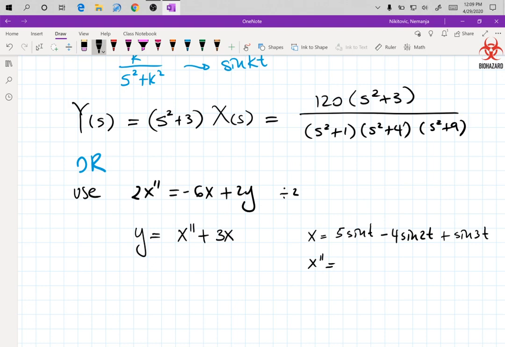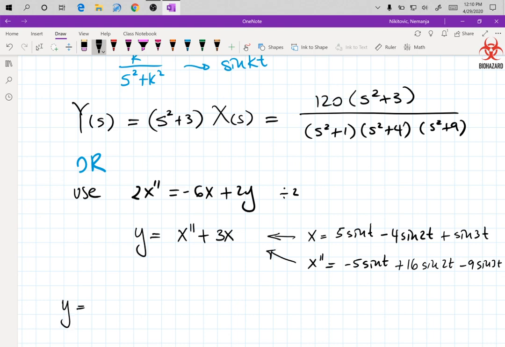Derivative of sine is cosine, derivative of cosine is negative sine, so negative 5 sine t. Derivative of sine is cosine, spits 2 out, makes that into an 8, and then makes it into plus 16 sine 2t. And then this spits out a 3, and then another 3 makes it a 9, so it's negative 9 sine 3t. And then you just plug in these two, and that will give you y.